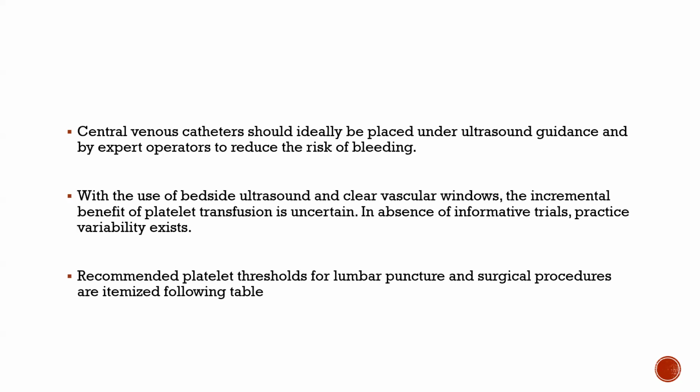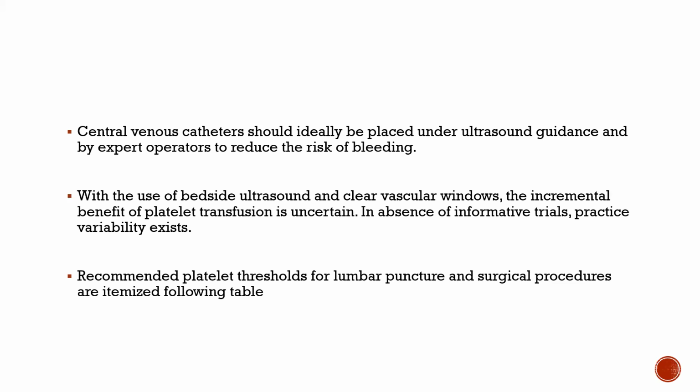A central venous catheter should ideally be placed under ultrasound guidance by an expert operator to reduce the risk of bleeding. With the use of bedside ultrasound and clear vascular windows, the incremental benefit of platelet transfusion is uncertain. In the absence of informative trials, practice variability exists.